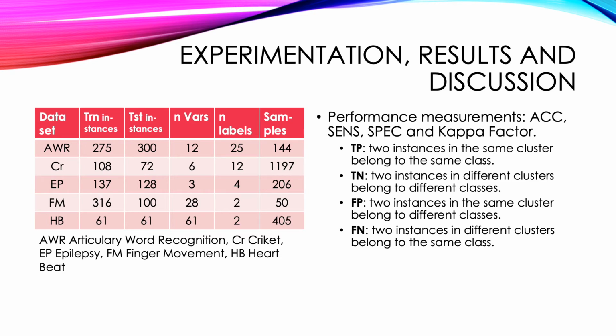As performance measurements, we use the accuracy, the sensitivity, the specificity, and the kappa factor, and we use the typical counters, but we aggregate the results for all the methods. So these counters are the aggregation of the results of each of the instances against the others from the dataset.